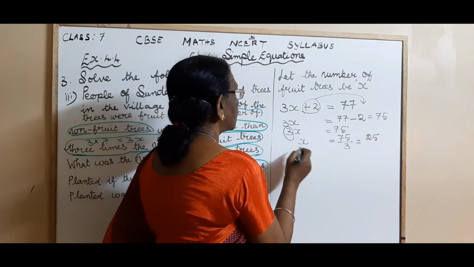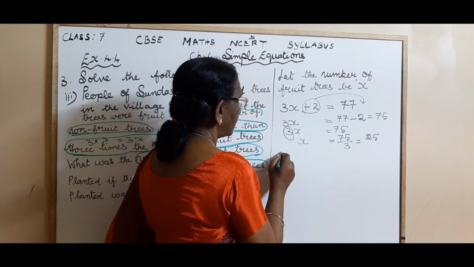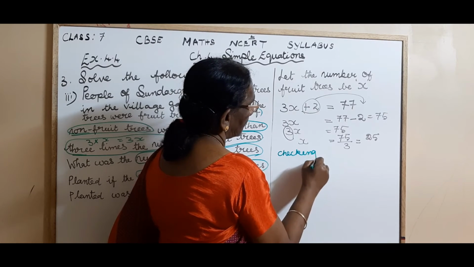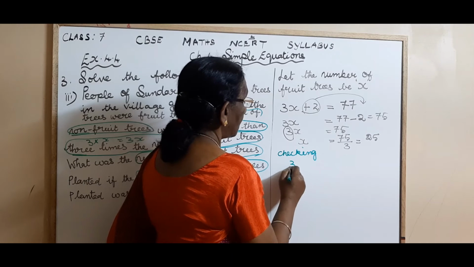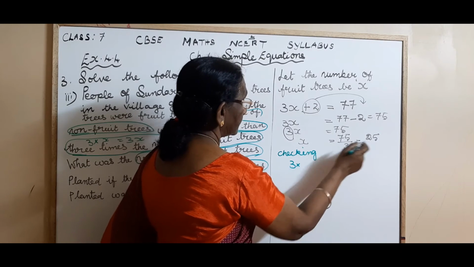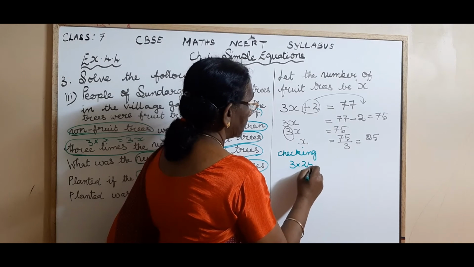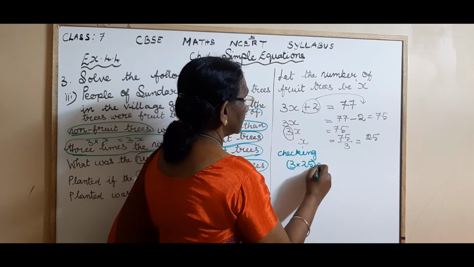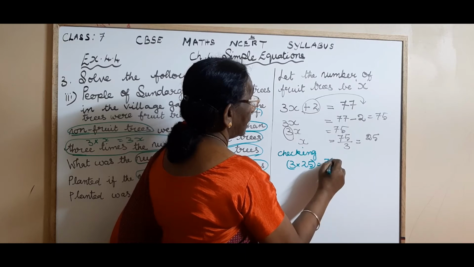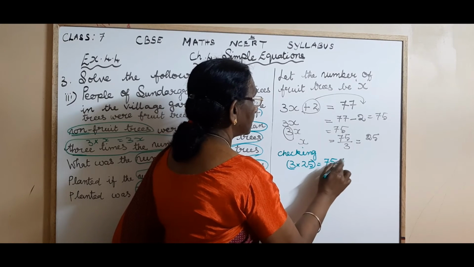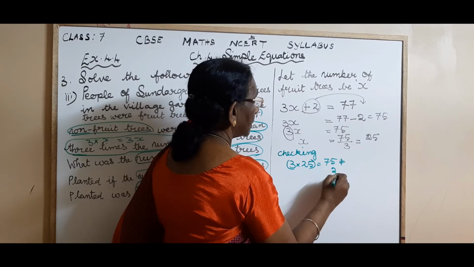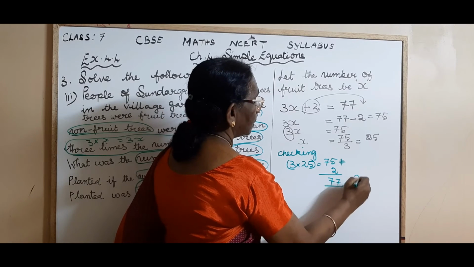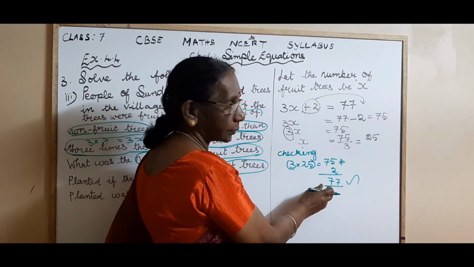3 times the number of fruit trees, 75. How much more than that? Are you getting 77? So this is the number of non-fruit trees.